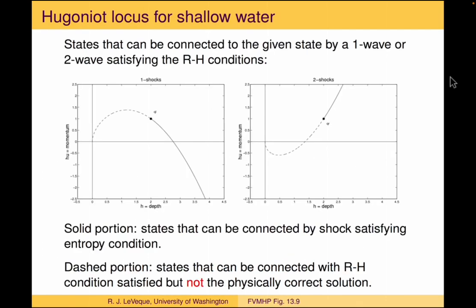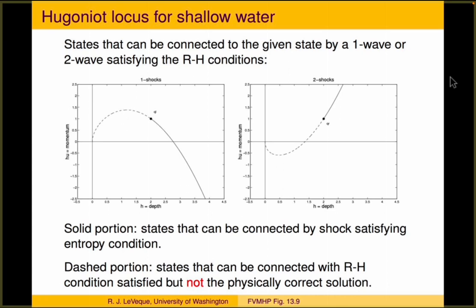So that picture indicates that for a given point, it depends on whether we're thinking of that point as being the left state or the right state. It's hard to read here, but this says QL. If you think of this point as being the left state, and then ask what points along this Hugoniot locus can be the right state, you can choose points down here on the solid portion of this curve, and that jump discontinuity will have characteristics in the 1-family that are impinging on it.